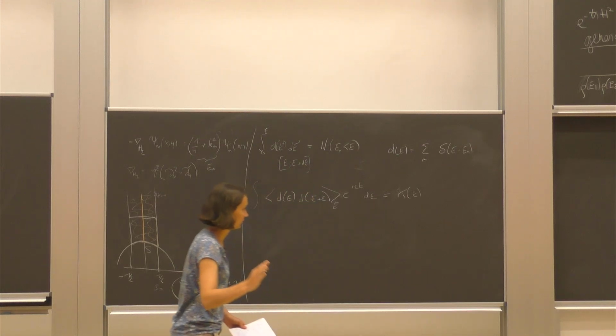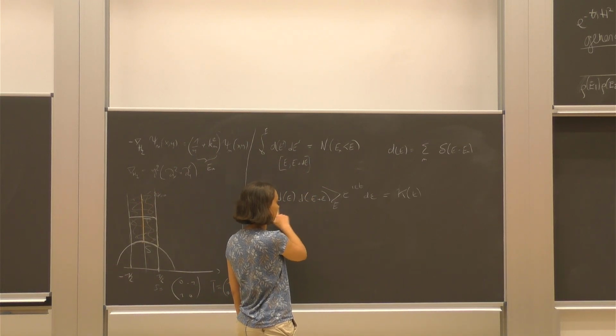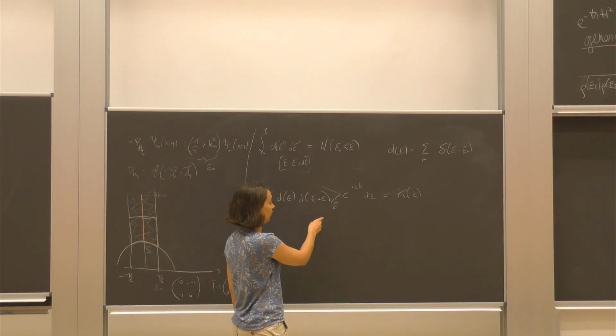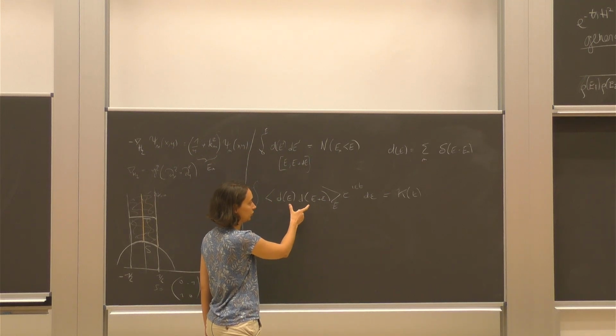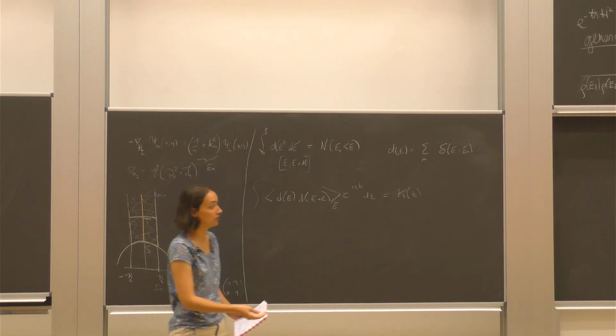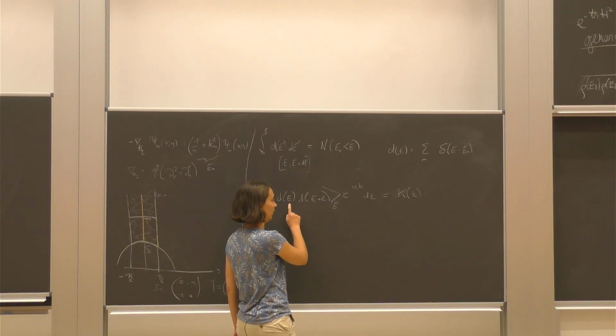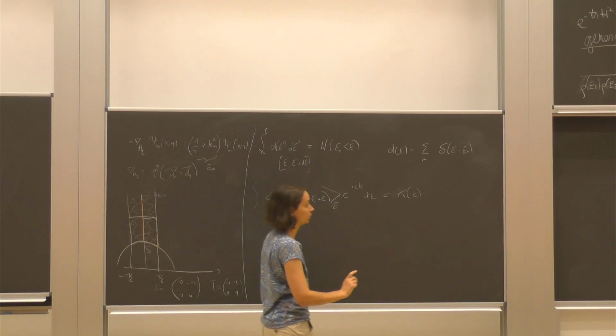As Julian was pointing out, because you're not imposing anything like having no energy in between those two values here, this probes correlations across the whole spectrum, as opposed to the level spacing statistics, where you would impose that there is no energy lying in between those two.